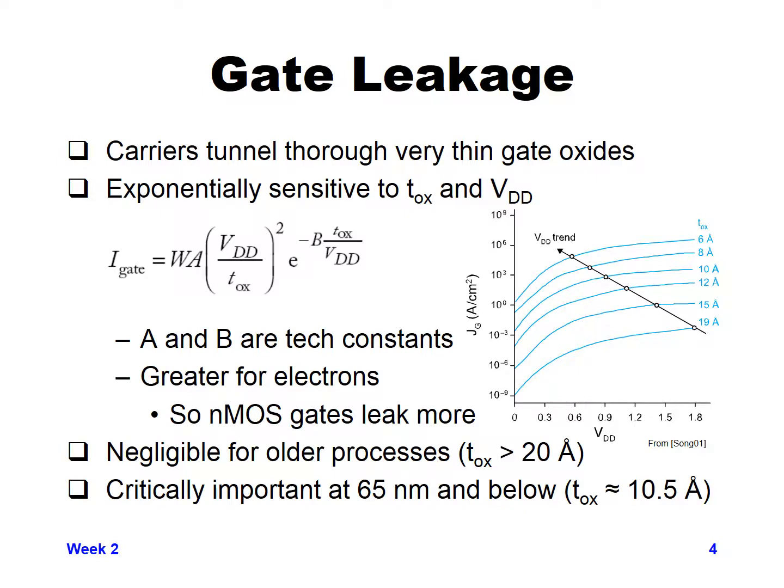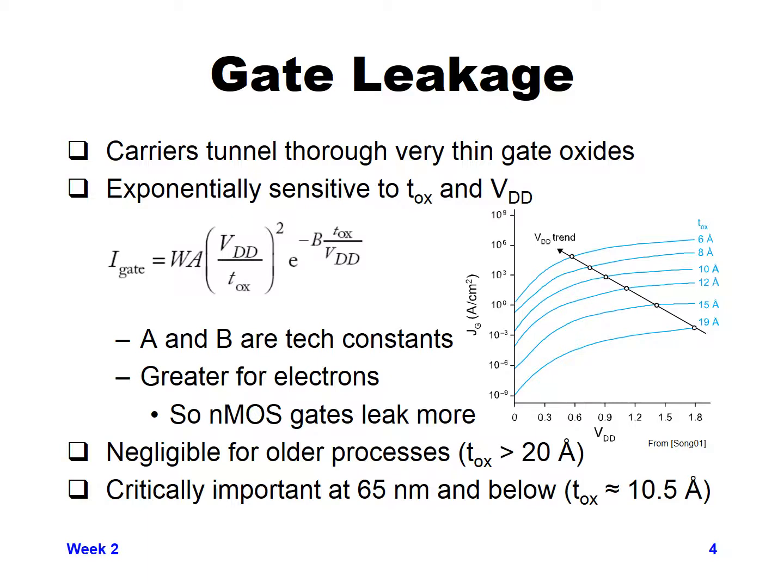Gate leakage is the second of the leakage parameters that I mentioned a couple slides ago. And this is where you have carriers tunneling through the gate oxides as the gate oxides become extremely thin. This has been happening because as we scale down the transistor lengths from one process generation to the next over the last 40 years, we also scale the oxide thickness to be ever smaller and smaller in order to get the devices improving in speed.